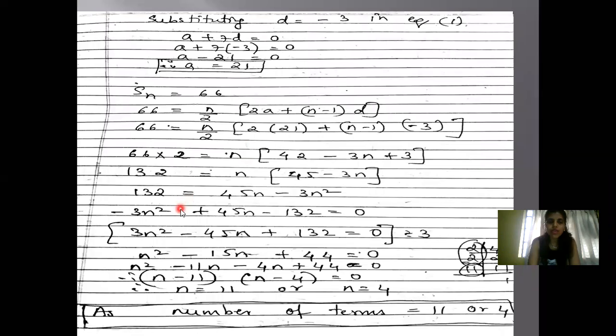So here you can see we have changed this sign, we made it positive, but we have to change all the signs over here. So we get 3n square minus 45n plus 132 is equal to 0. Now to simplify it further, we divide it by 3. So we get n square minus 15n plus 44 is equal to 0.